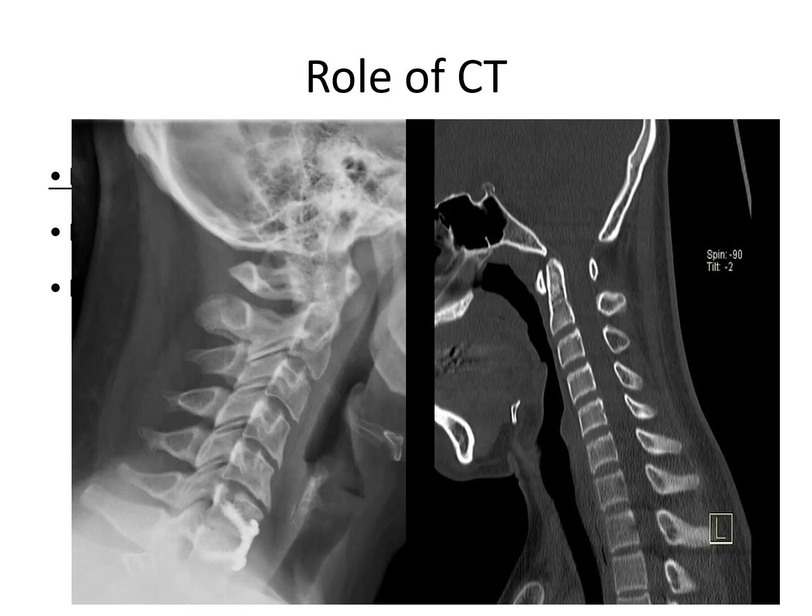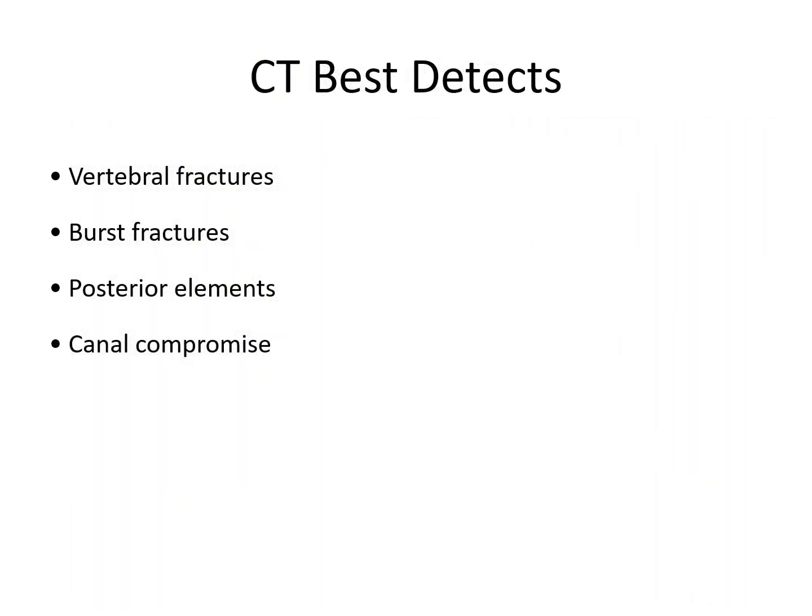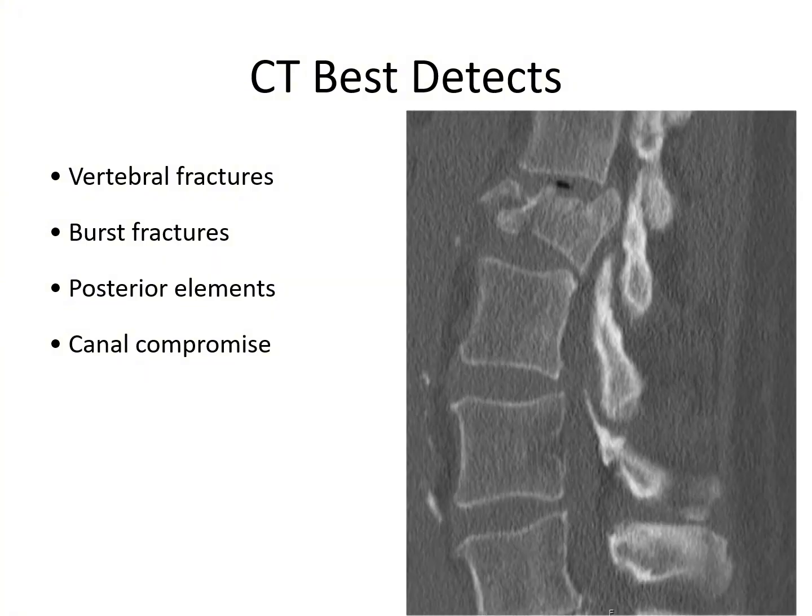We can see here there is clear visualization of the spine. We can compare that this is the X-ray and this is the CT. So CT shows better bony detail than the X-ray. Now the CT detects vertebral fracture. We can see here a burst fracture, posterior element fracture and canal compromise.